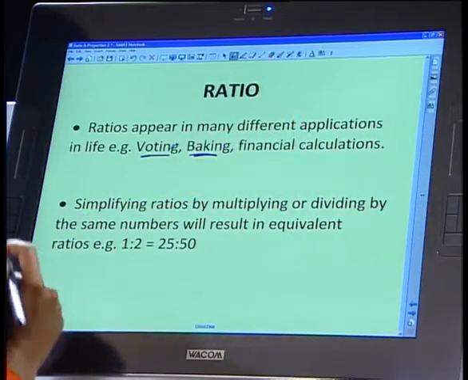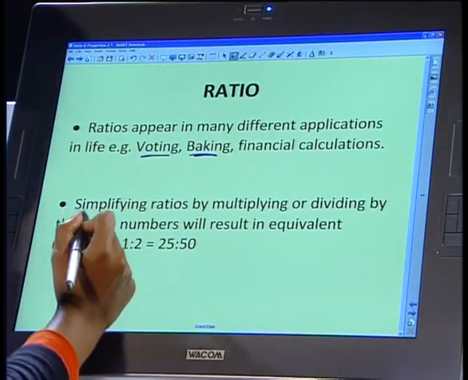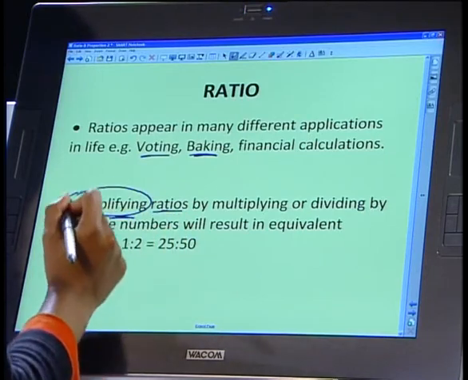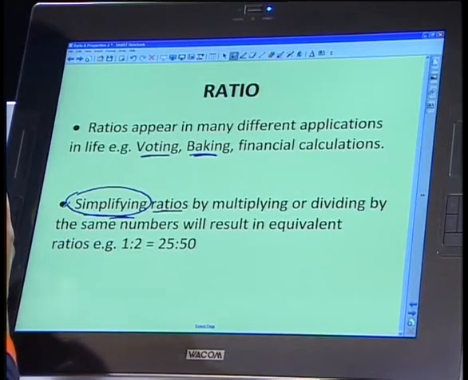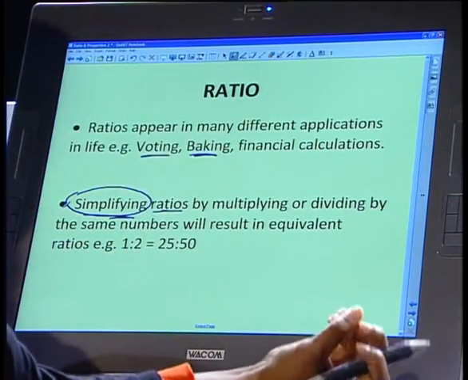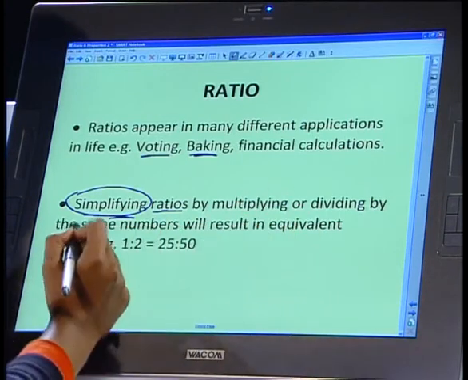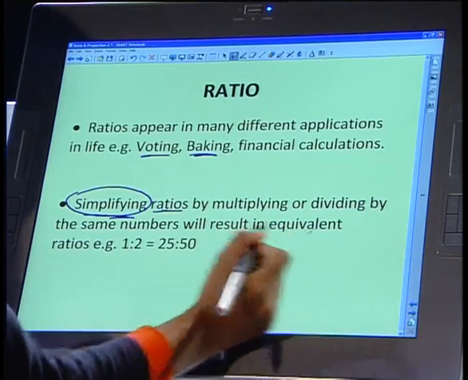So really, ratio is something that you come across every day, but you might not really recognize that it is a ratio. Recall from the last session that when you simplify a ratio, simplify means that you're condensing it and making it smaller and easier to work with, or you can expand a ratio by multiplying the ratio by the same numbers. This will then result in an equivalent ratio.